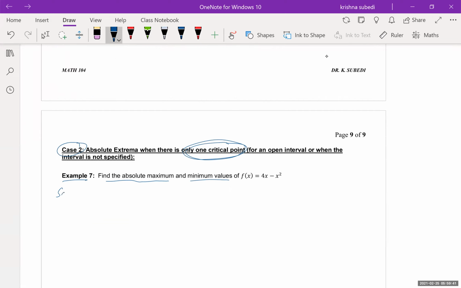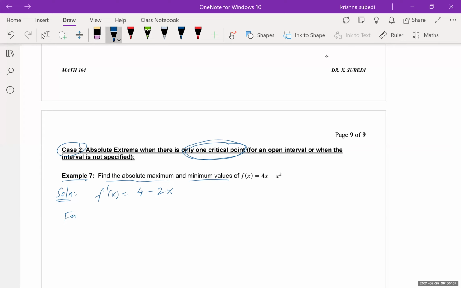Again, the candidates are critical numbers and endpoints. Because endpoints are not there, the candidate is only the critical points. So we need to find the critical point here. First, let us calculate the derivative, which is 4 minus 2x.